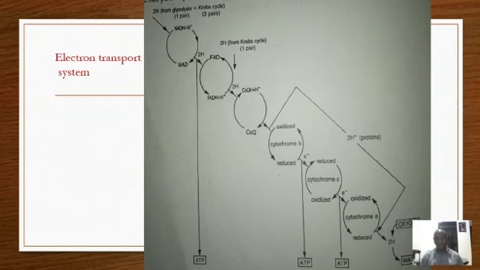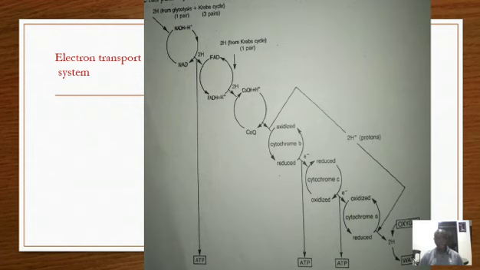From cytochrome A, which is the last electron carrier, the electrons recombine with the protons, forming or generating the 2 hydrogen atoms, which in turn combine with oxygen, liberating or forming water.